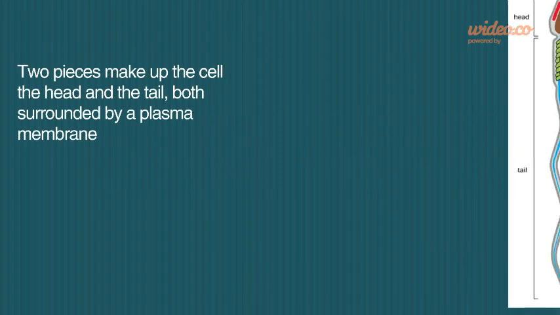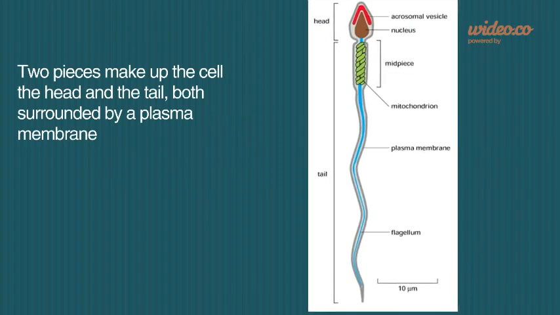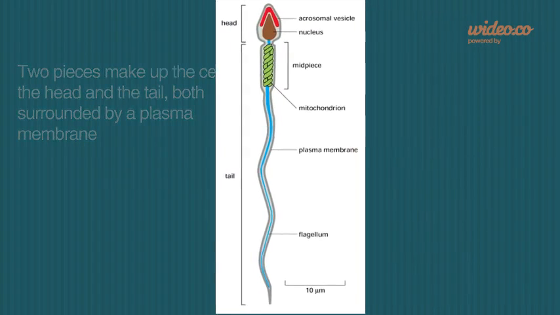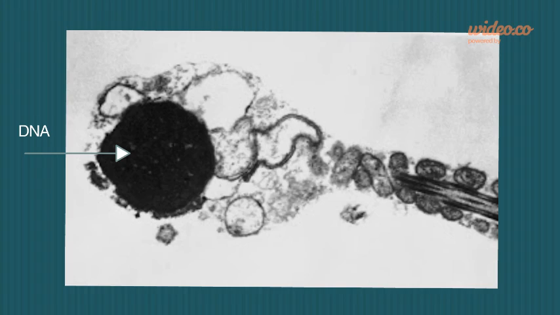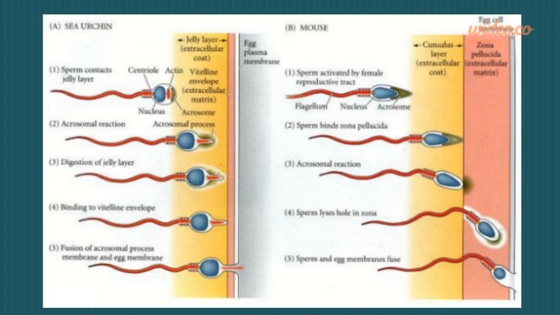Sperm cells are composed of two distinct regions enclosed by a single plasma membrane, making up one sperm cell, the tail and the head. The head of the sperm contains DNA in the nucleus, which is packed extremely tight by highly positively charged proteins called protamines. On the interior part of the head is the acrosome, a specialized secretory vesicle that contains hydrolytic enzymes that help the sperm penetrate the egg's outer coat.